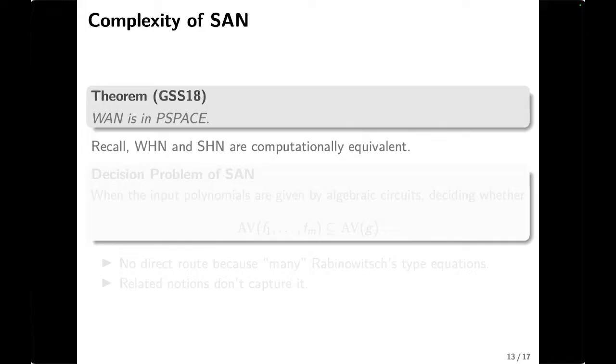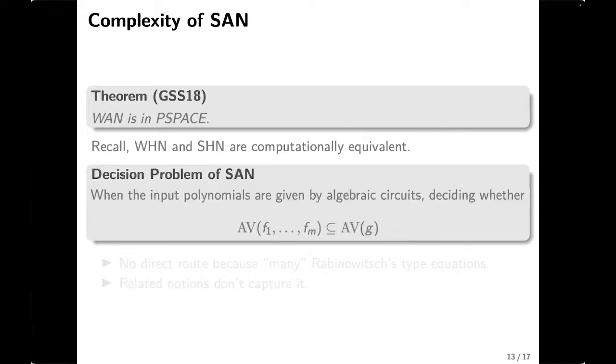Also, in the classical setting, WHN and SHN are computationally equivalent. But even though we have an analogous strong Nullstellensatz in this approximative setting, the procedure is not computationally equivalent because we needed many of these equations, as I talked about.